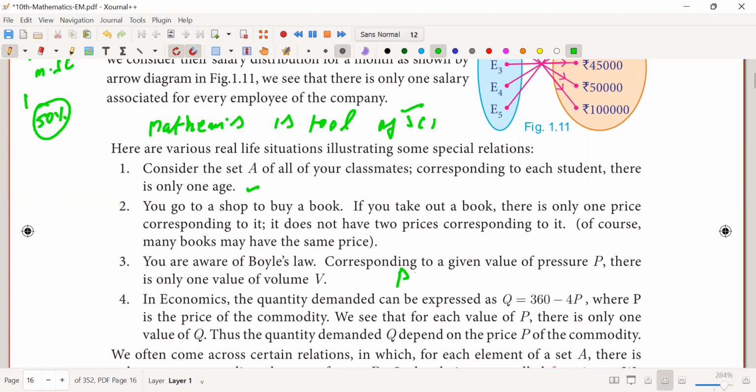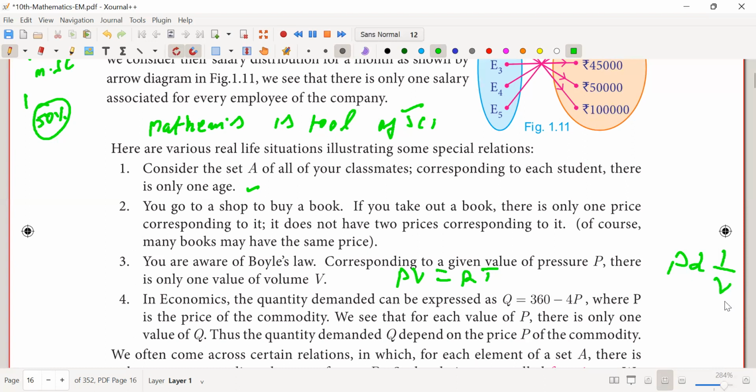Boyle's law says PV equals RT. Under constant temperature, pressure is directly proportional to volume. Sorry, inversely proportional to volume. That is, P is inversely proportional to volume. If volume increases, pressure decreases.